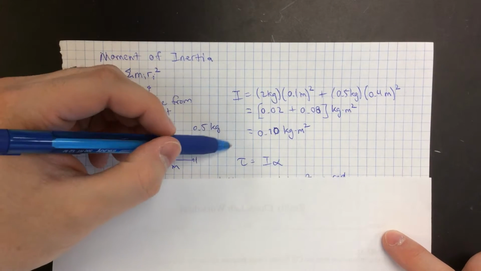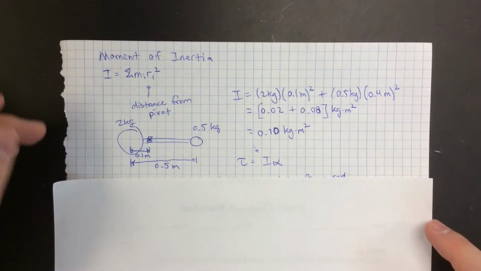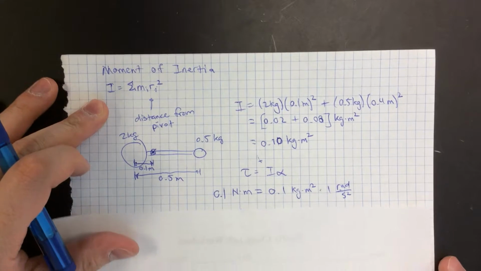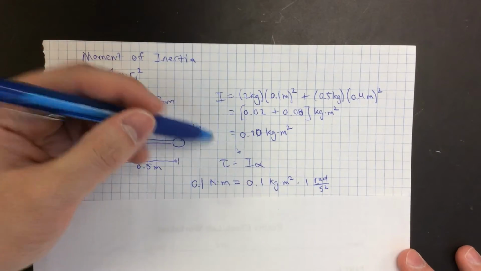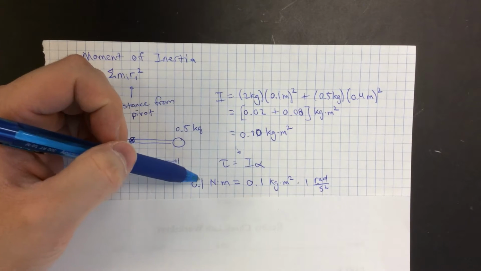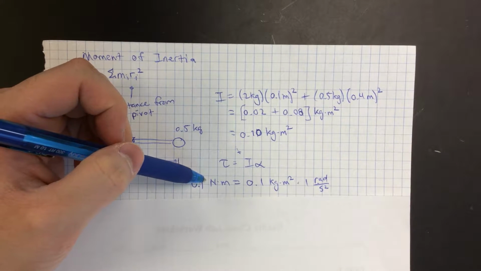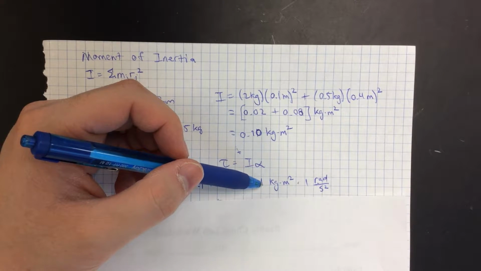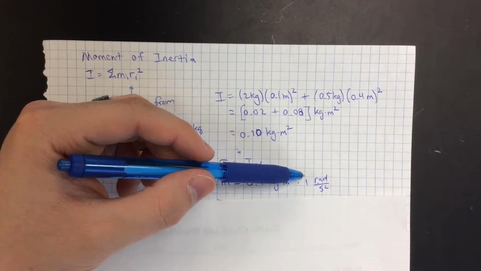So if you look at how it fits into Newton's second law for rotation, it acts kind of like this. Since the moment of inertia is 0.1 kilogram meter squared, 0.1 newton meters, that much torque, will accelerate that much inertia 1 radian per second squared.